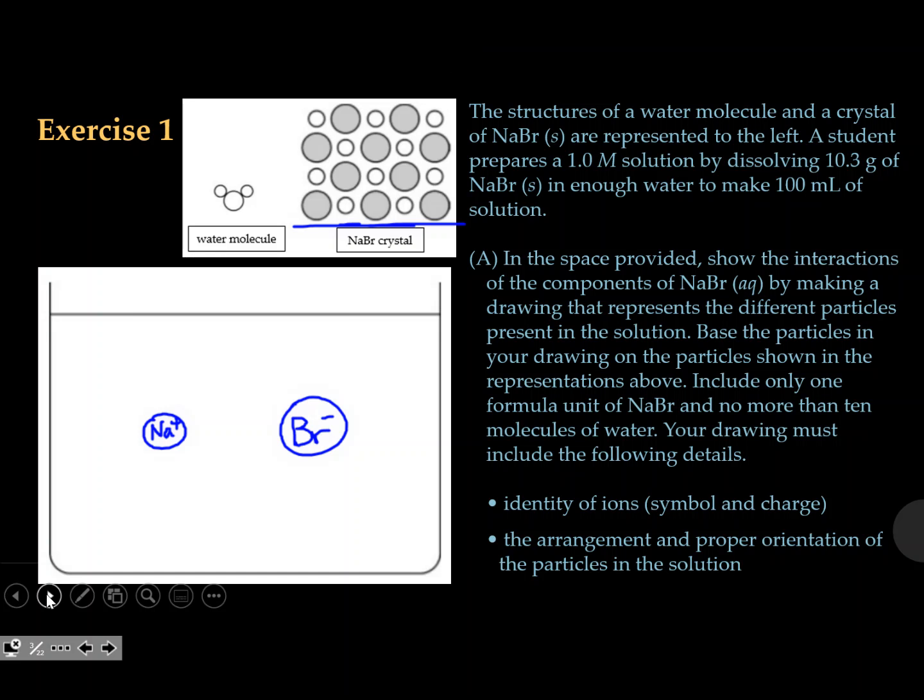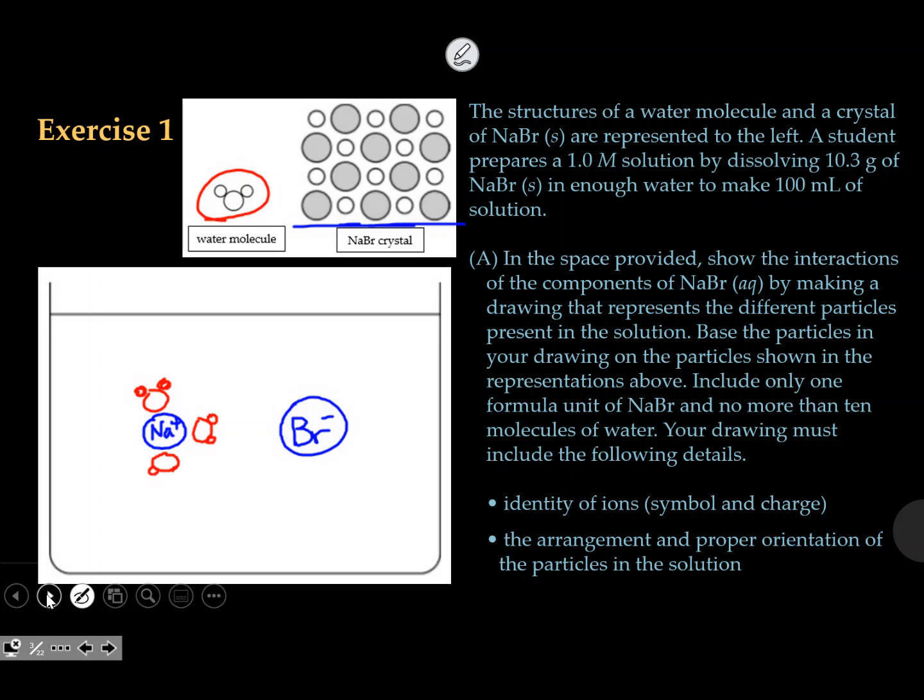Now, to show its dissolution with water, what are we going to draw here in terms of around our sodium for the water? Oxygen should face inward, and so you draw it like this with the little Mickey Mouse ears, whatever, and like I said, artistically challenged here. Now it said no more than 10 molecules.